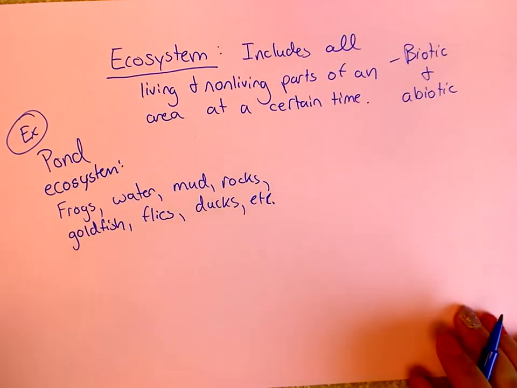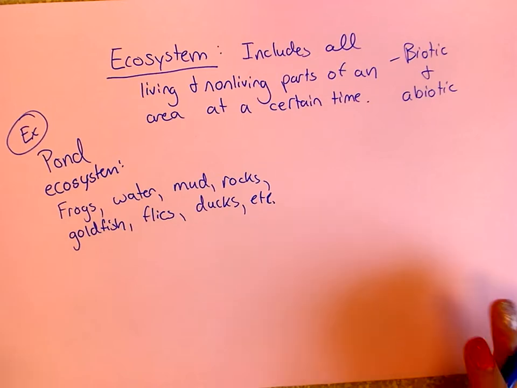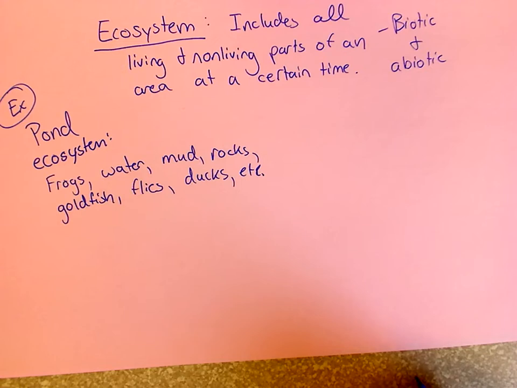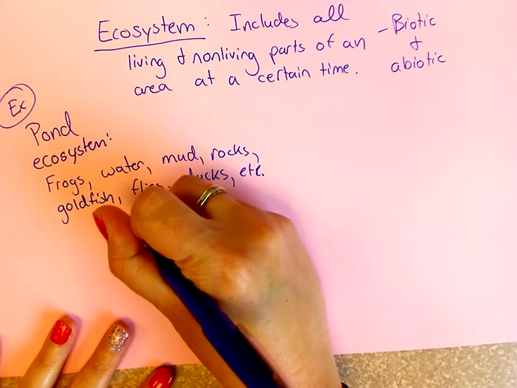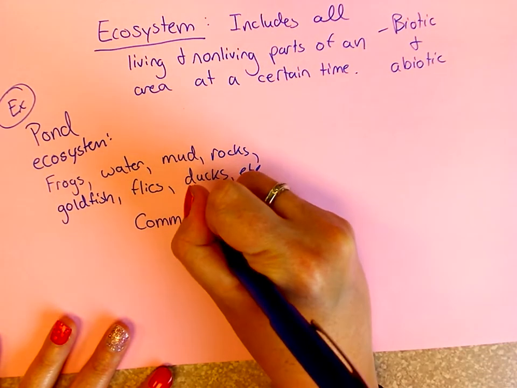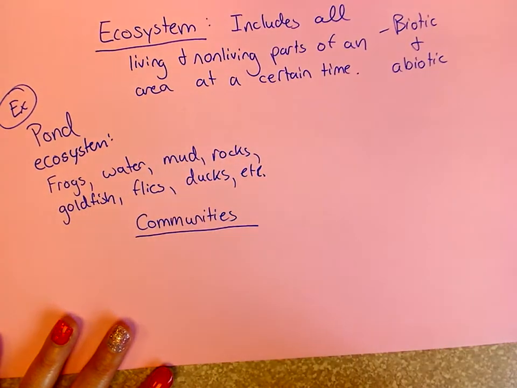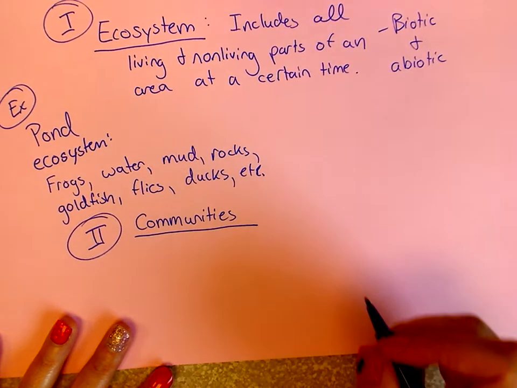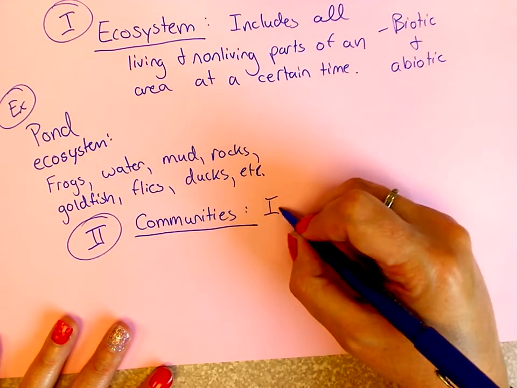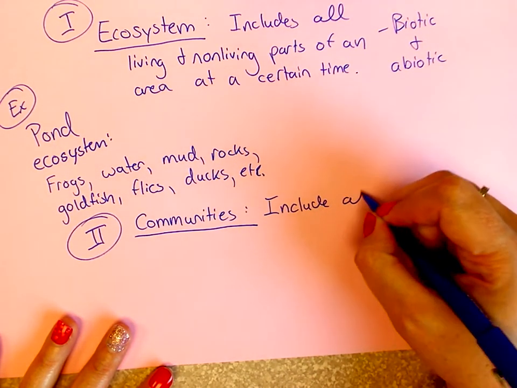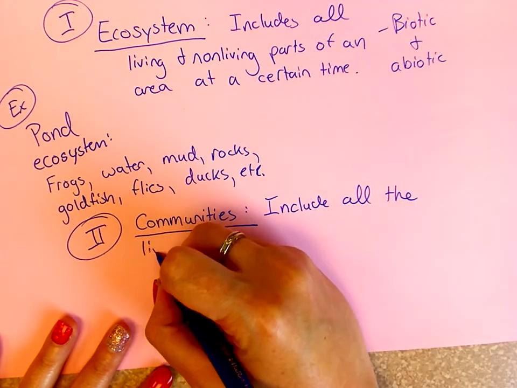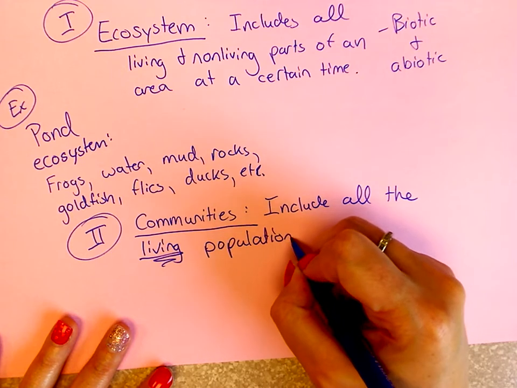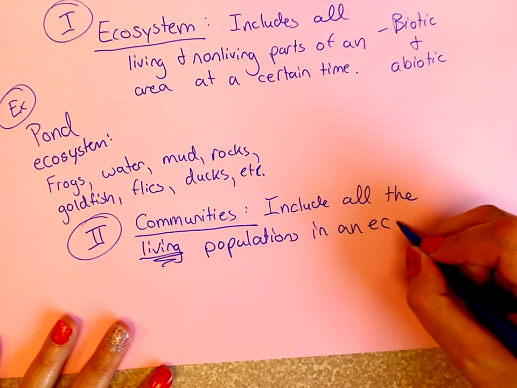Now, in an ecosystem, we have another level of organization, okay? So within an ecosystem, we have things called communities. So one would be ecosystem. Two, we need to talk about communities. Communities just include all the living populations in an ecosystem.